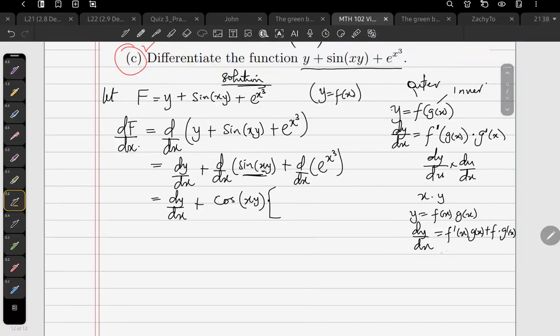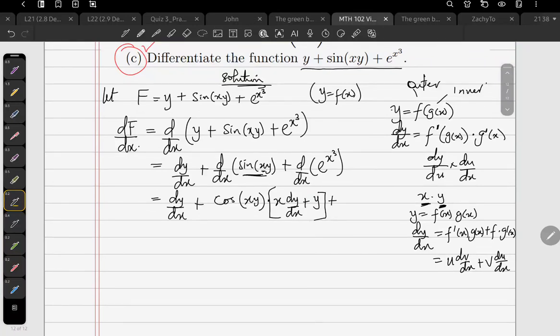In other words, it is equal to u dv/dx plus v du/dx. So if we use that on xy, where this is our u and this is our v, we are going to have u dv/dx plus v du/dx. The du/dx means the differentiation of x, and that is 1. So that's the derivative of sine xy.